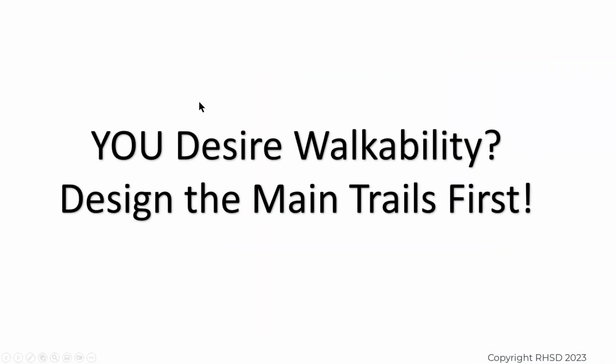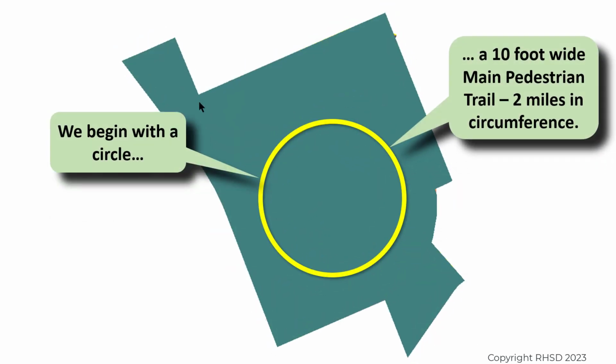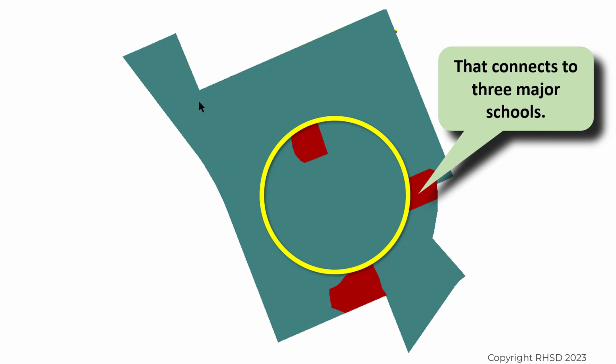If you desire walkability, the only way to really create walkable neighborhoods is to design the main trails first. On the site, we begin with a circle, a 10-foot wide path in a 30-foot wide landscaped area, 2 miles in circumference. The city wanted 3 schools, and they connect into the main trail system.